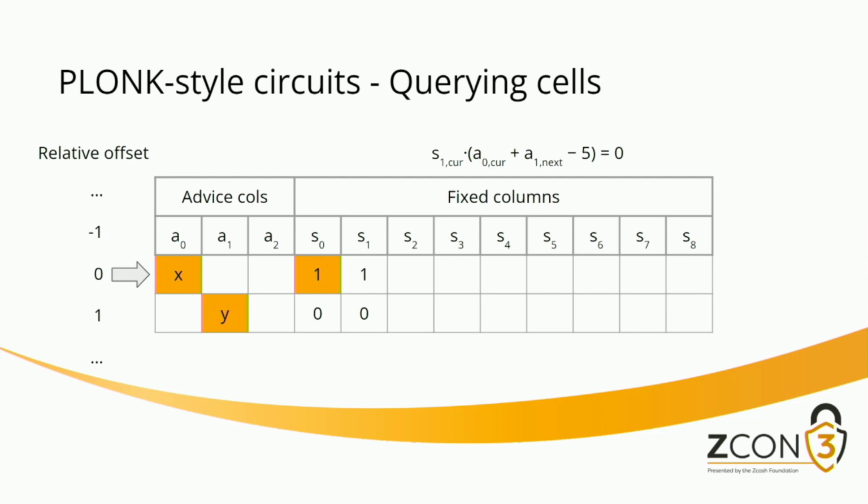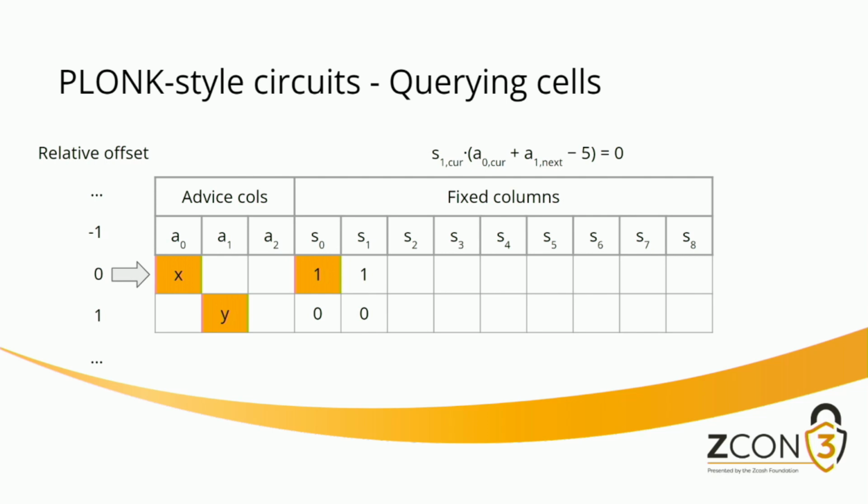So instead of having all of those constraint coefficients moved into the fixed columns, we can now represent them directly in the constraints. This does mean, though, that where previously the R1CS constraint could just be applied to every single row simultaneously, we now need to control where these particular constraints are enabled.